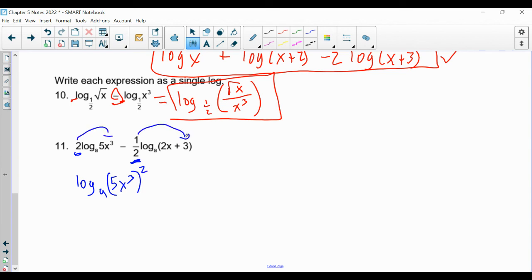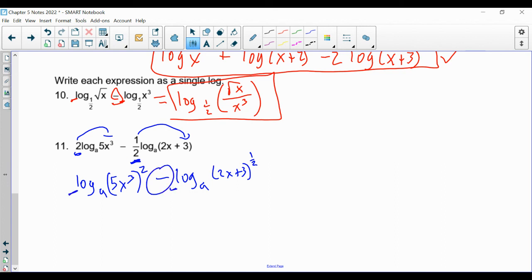Same thing with this one. Now, for the 1/2, if you want to, you can write it as the square root, or you could just write it as a 1/2 power. I don't care, whichever one makes more sense to you. Both are 100% correct.